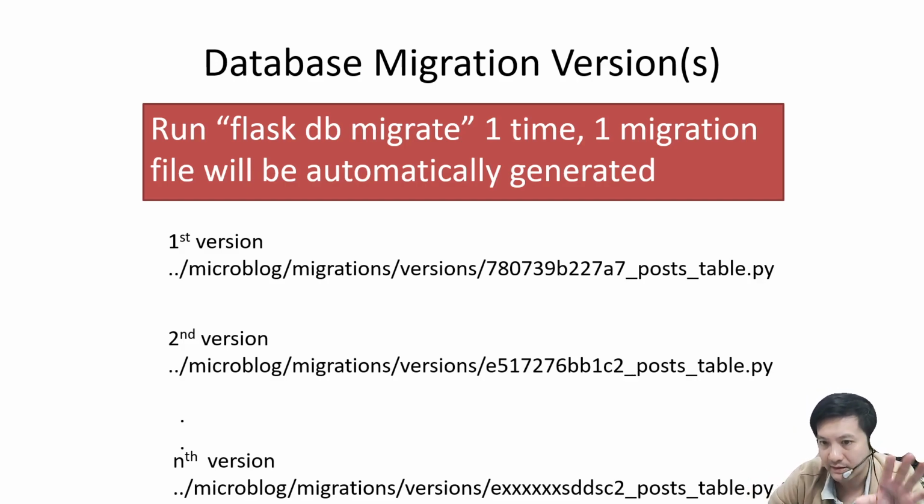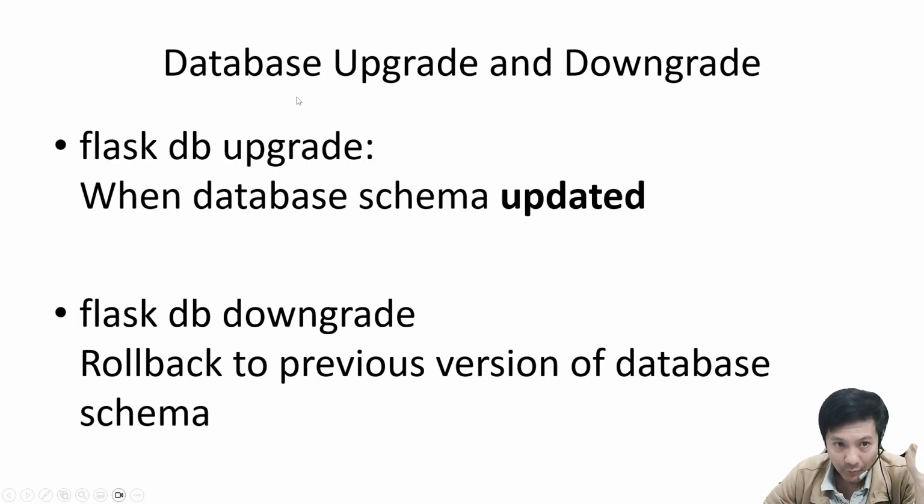You maintain these migration files and version control them, and then you version control your database together in GitHub. With upgrade, you can take the latest version to a certain version of the database. With downgrade, you can roll back your schema. This is the beauty of version controlling your database with Flask.